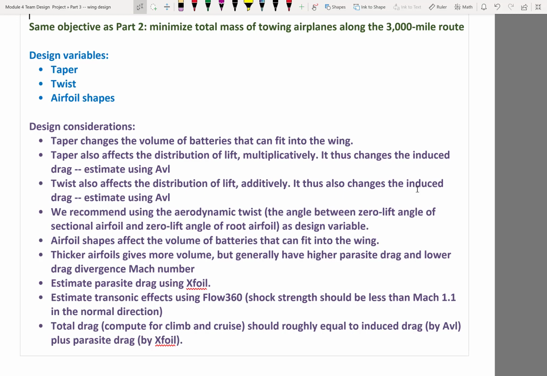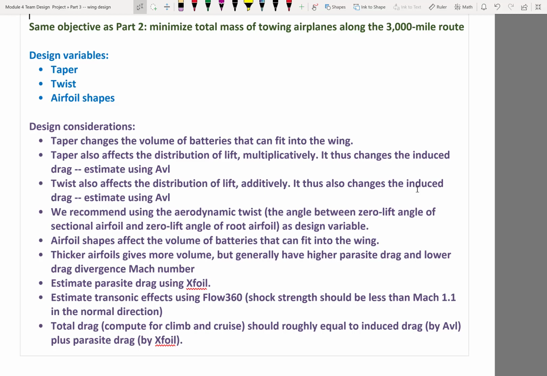Yes, shocks are one of the potential contributors of parasite drag when you have a very thick airfoil, because for the air to get around the thick airfoil, it has to accelerate to a higher speed, potentially greater than Mach 1. Other than shock, what other things can increase when you have a thicker and thicker airfoil?